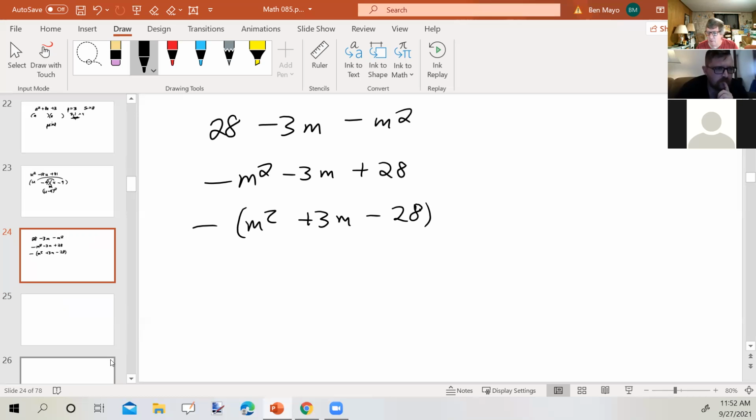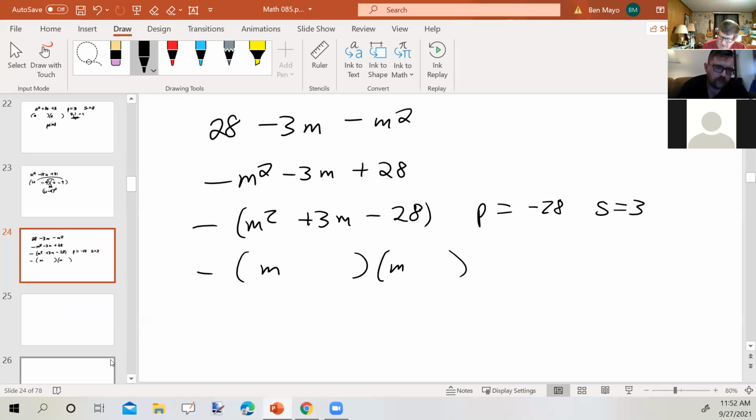I mean, the leading coefficient was a -1, so let's factor a negative out, okay? So now we've got that trinomial. It's going to have a product that's -28 and a sum that's 3. How about 7 and -4? That would do it. Any questions about that?